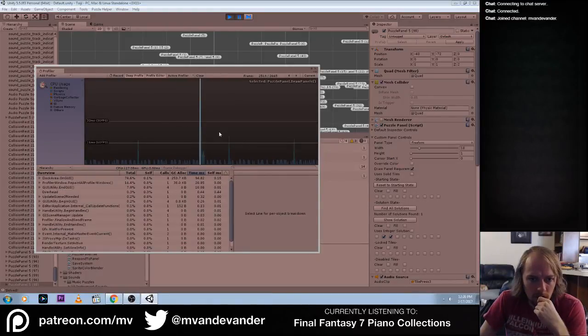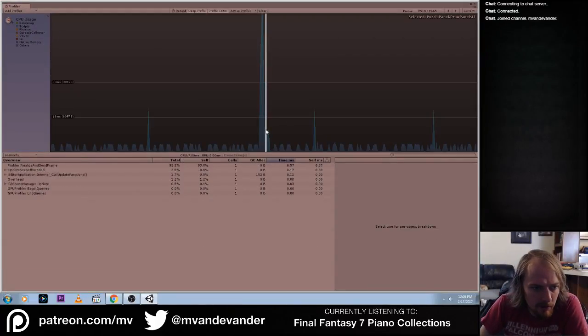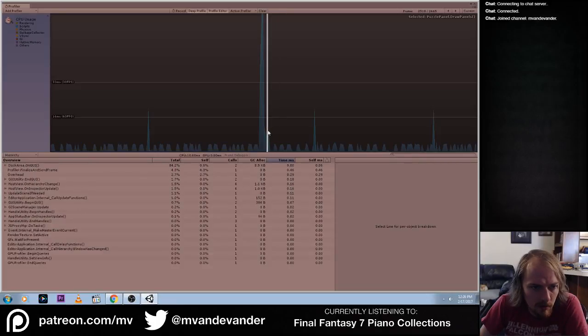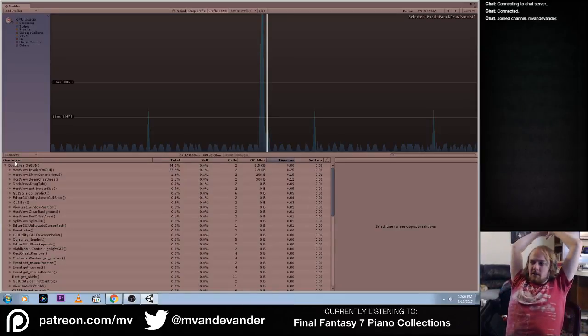Okay. The thing that weirded me out is why does this happen over this many editor frames? Why does that happen over so many editor frames?